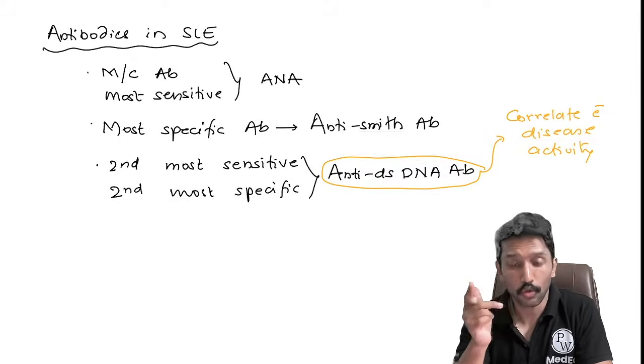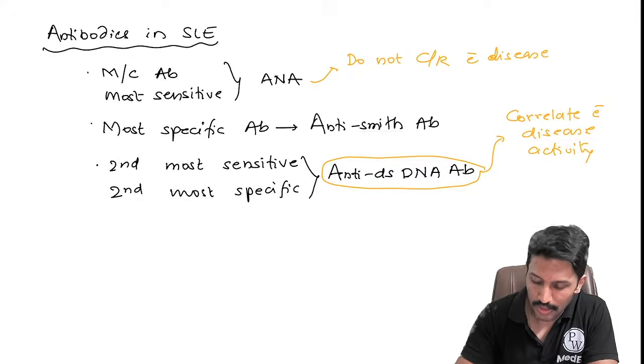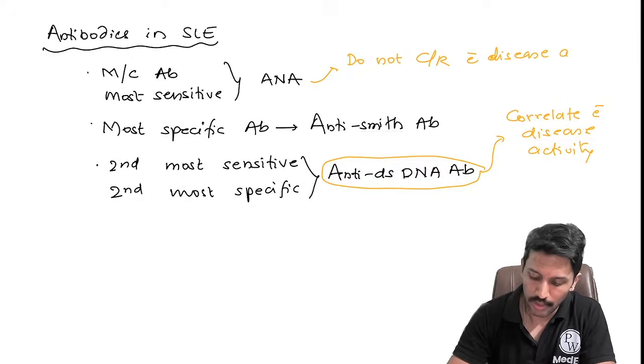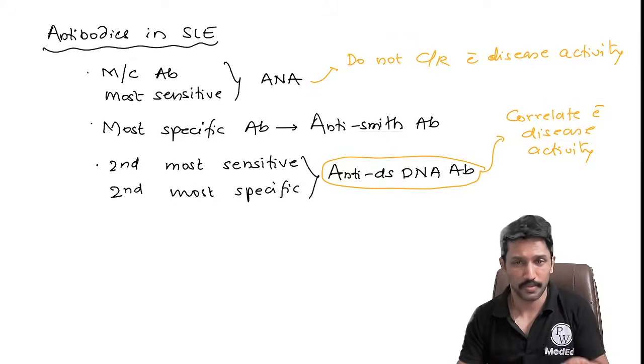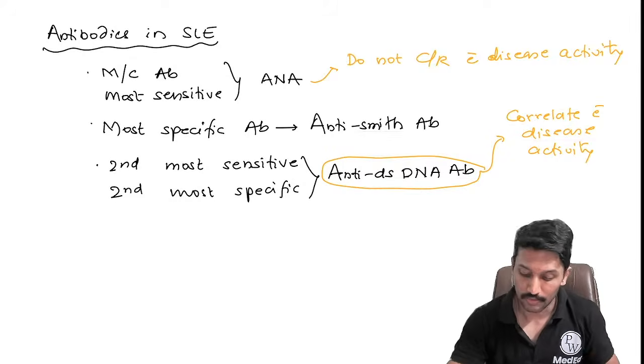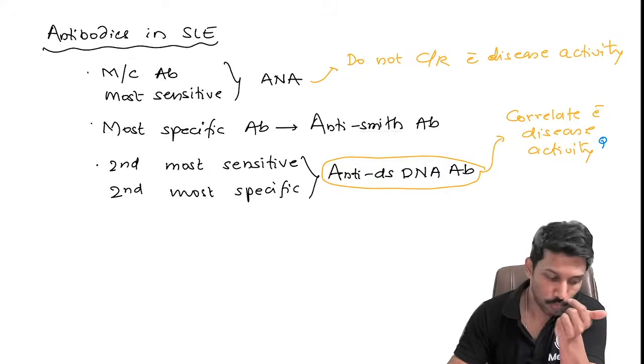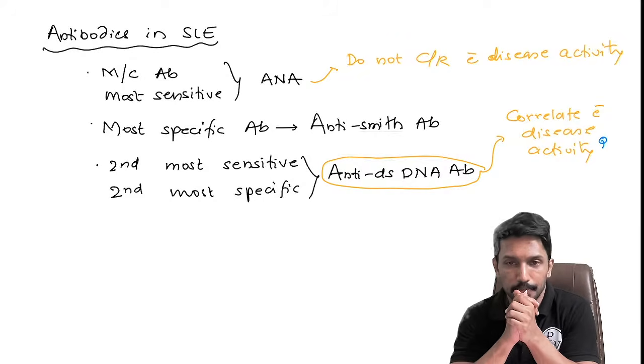ANA titers do not correlate with disease activity. That's why we use ANA for initial diagnosis. But after that, we don't repeatedly keep checking the ANA titers. It makes no sense whether ANA titer is increasing or decreasing. It has no correlation with disease activity. But anti-dsDNA has. This is again a potential MCQ point that might be tested.